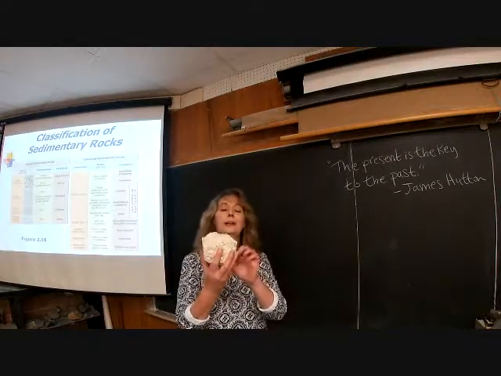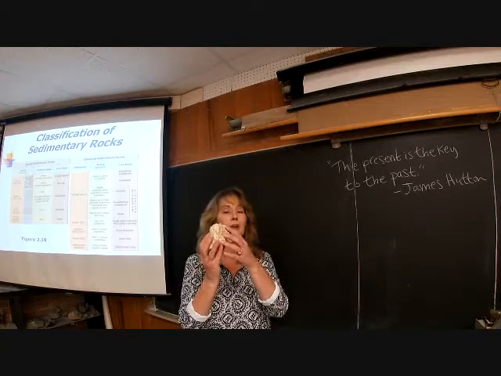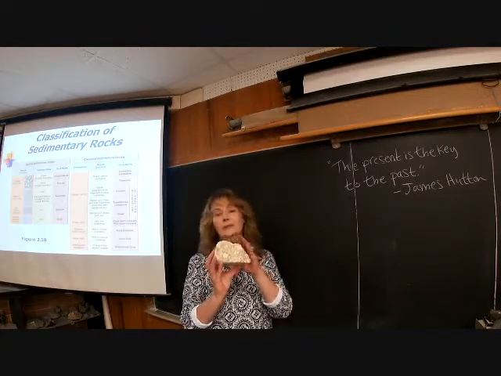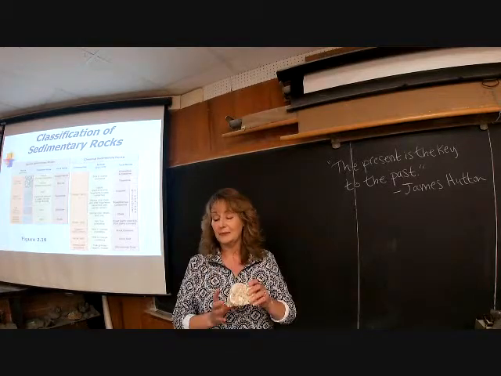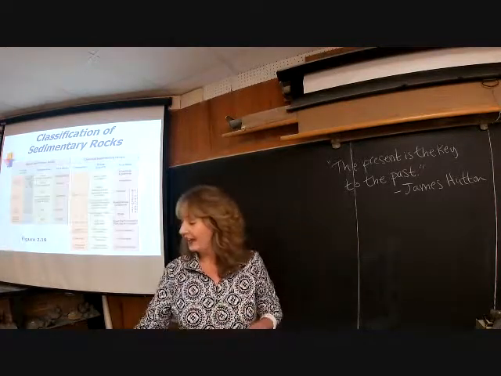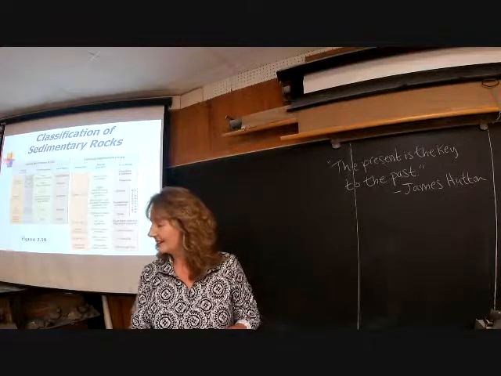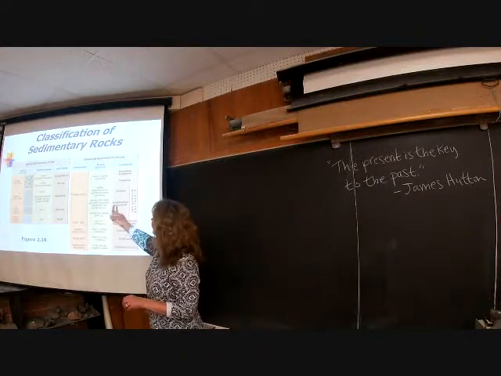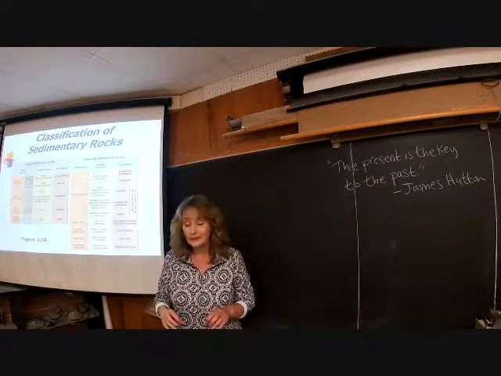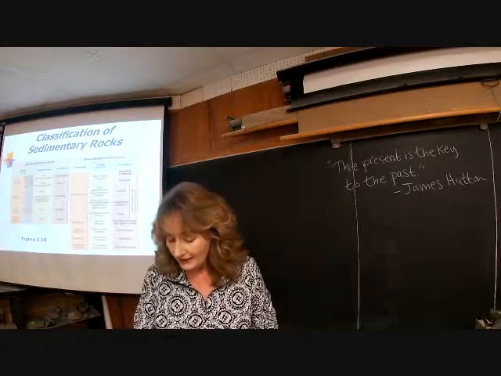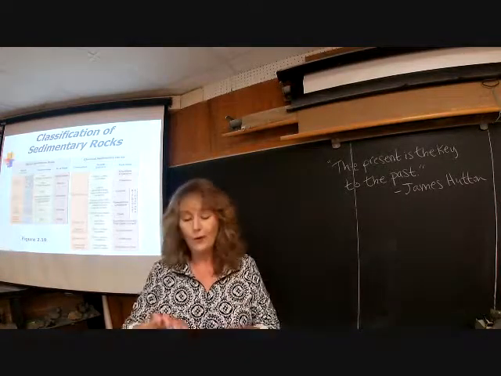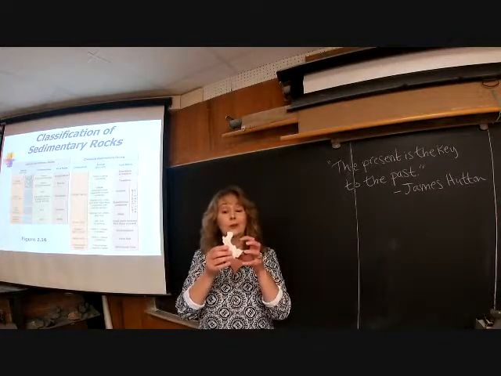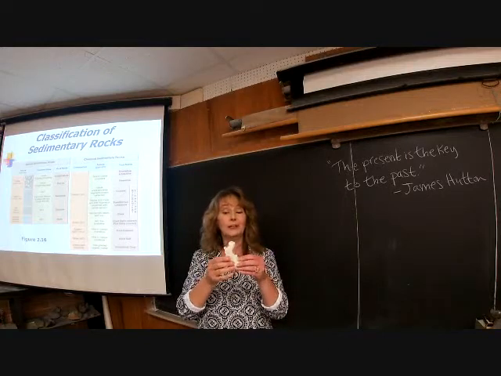I'll lay them up under there here in a second, but little fragments of shells, so organisms that have died, and then their material gets broken, kind of broken down. And various size fragment shells cemented together with calcite, fossiliferous limestone. I had some like that as well. And then the coral. So coral is a little limestone or a calcite material.